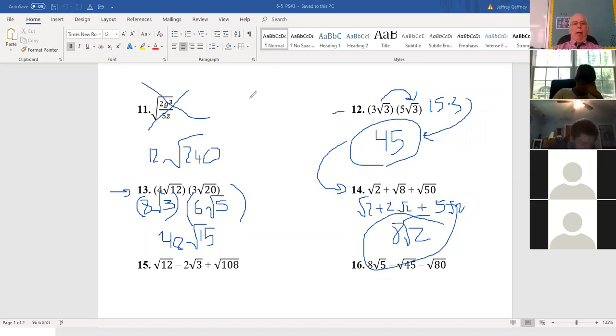If I divide 4 into that, I get 4 times 60, right? And if I divide 4 into 60, I get 4 times 15. So 240 can be simplified to 4 times 4 times 15. So the 4 times 4 comes out from the radical as a 4. You multiply it times the 12 to get the 48, and you still have 15 under the radical. So you can do it that way too.